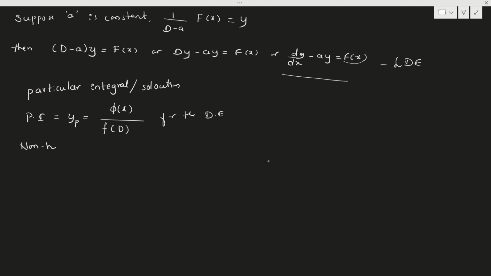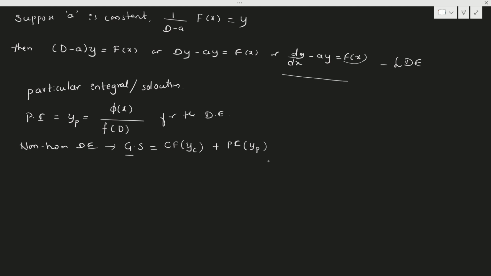For non-homogeneous differential equations, the general solution is given by the sum of two solutions. The first is the complementary function, which we write as yc, plus the particular integral I have just discussed, yp. The sum of these two gives us the general solution for a differential equation of non-homogeneous type.